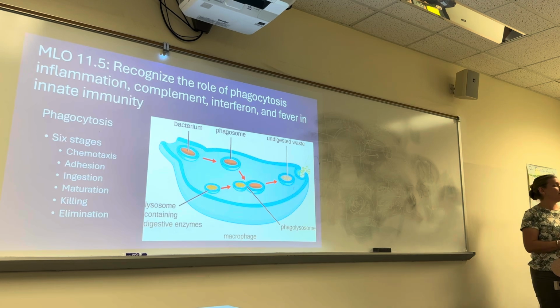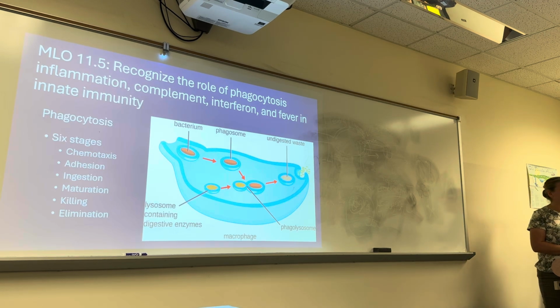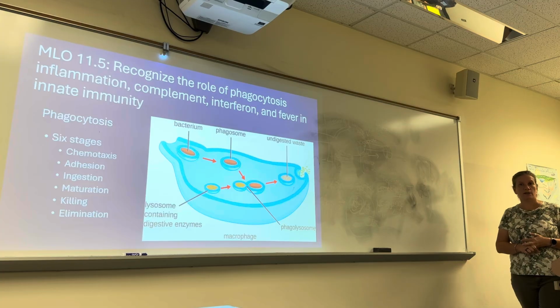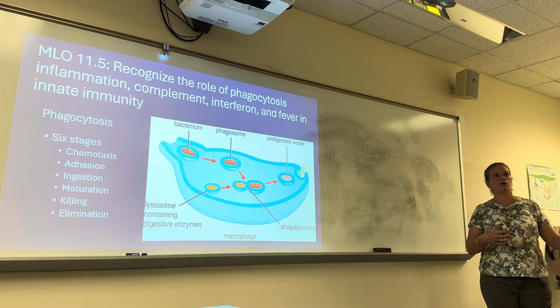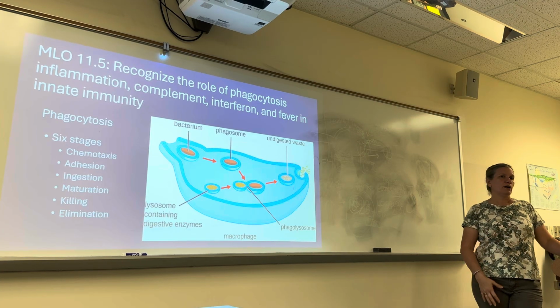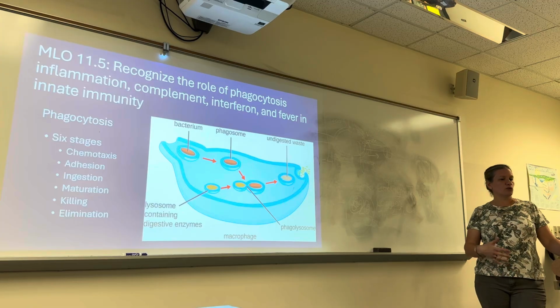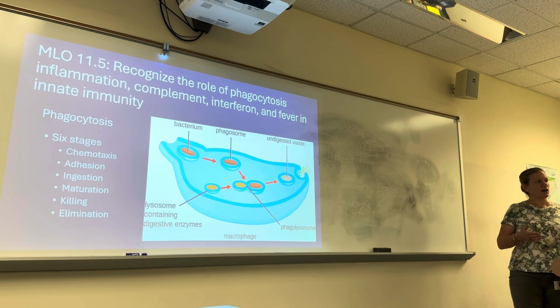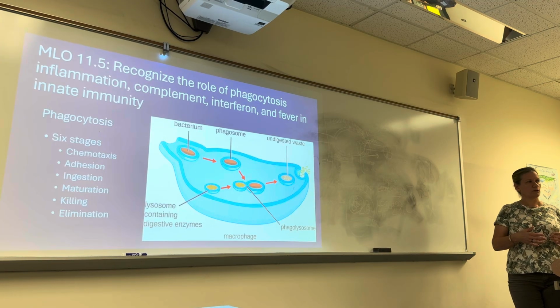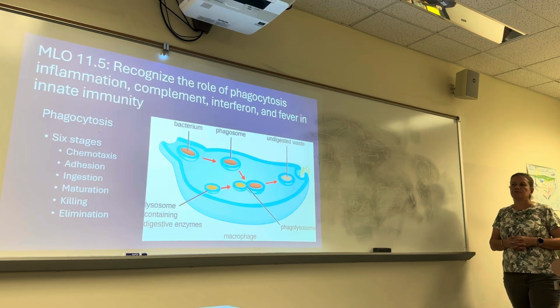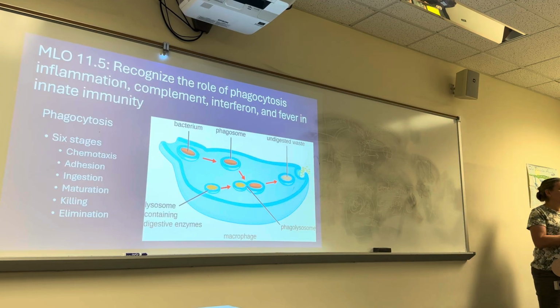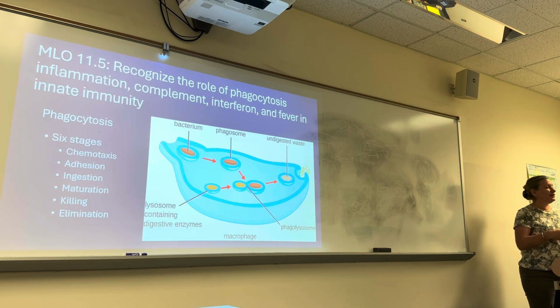Okay, they can be double-stranded RNA. They can be single-stranded viral DNA or RNA, methylated in such a way that it's recognized as not ours. Okay. So they interact with that.